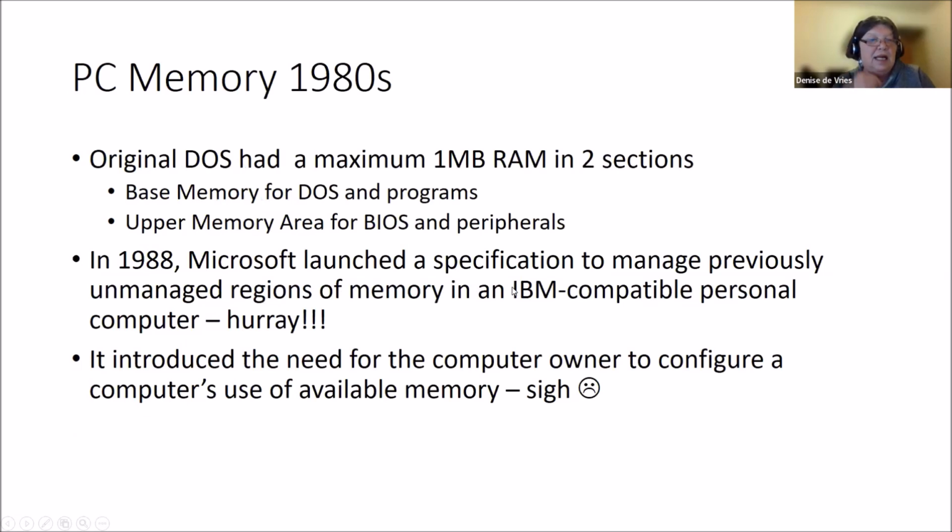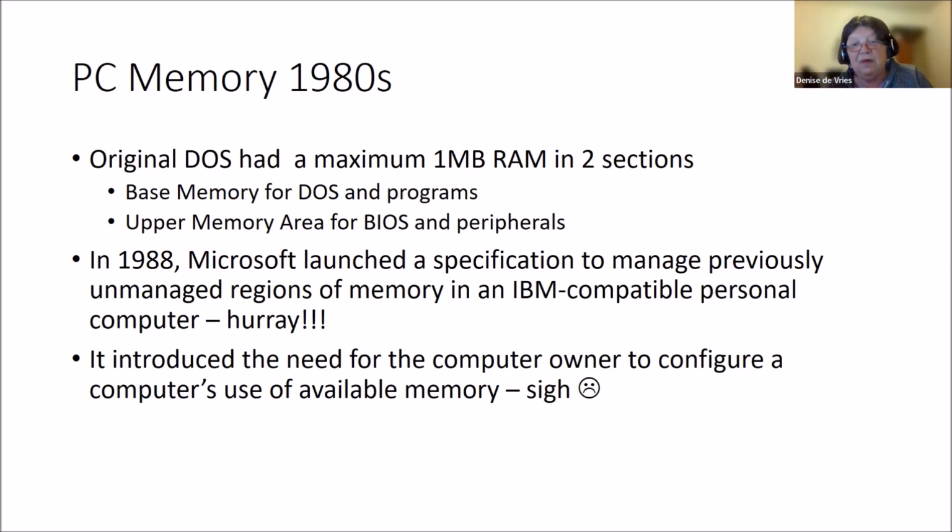So in the 1980s, in the early 1980s, the original DOS had a maximum of 1 megabyte of RAM, and it was in two named sections, the base memory and the upper memory area.